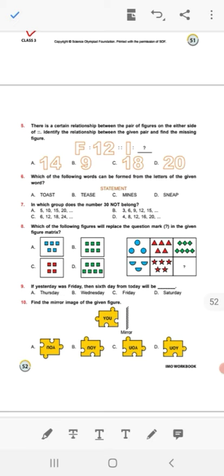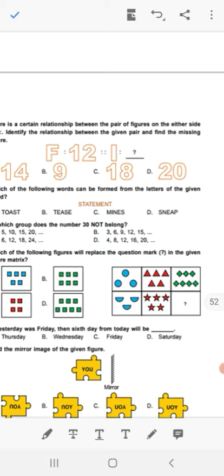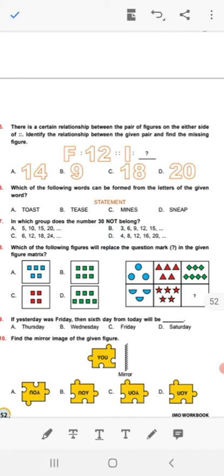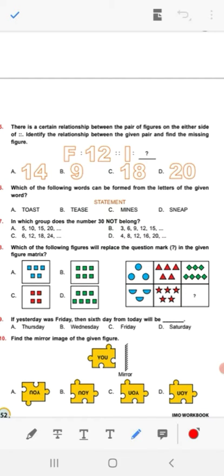There is a certain relationship between the pair of figures on either side of the dotted line. Identify the relationship between the given pair and find the missing figure. You have to find out what will be here. So F is related to 12. Now we have to find a relation between F and 12.